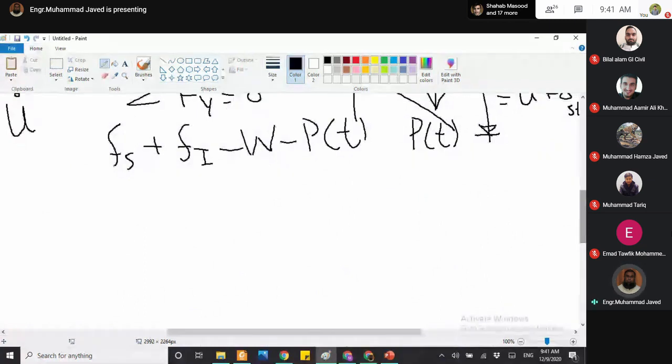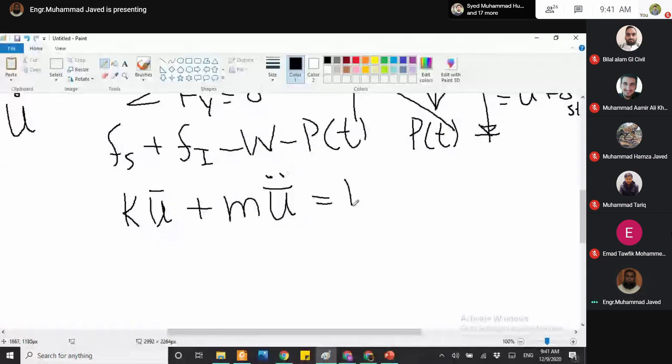Fs is K u bar plus inertial force m u bar double dot is equal to W plus P of T.